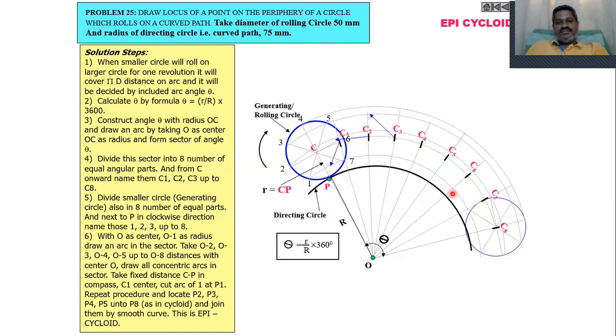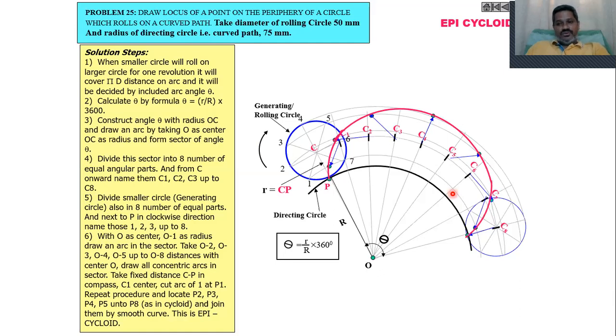Similarly, intersect the third concentric arc, fourth, fifth, sixth, seventh, and finally eighth. Locate all those points and name them P1 to P8. After naming all those points, join them as a smooth curve using French curves or by hand. That curve is called an epicycloid.